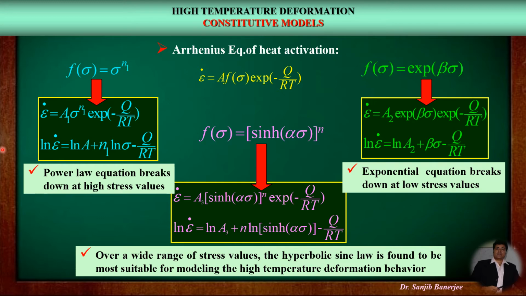The second function of sigma which may be considered is an exponential function, that is exponential of beta into sigma. When we take this function of sigma, the strain rate becomes this particular expression, where the constant term A becomes A2.